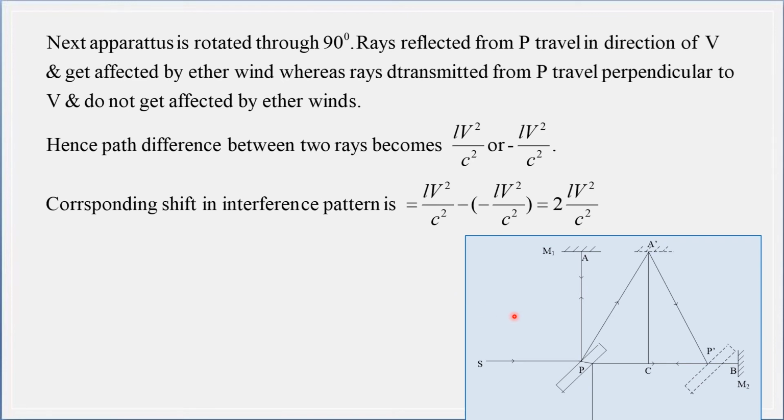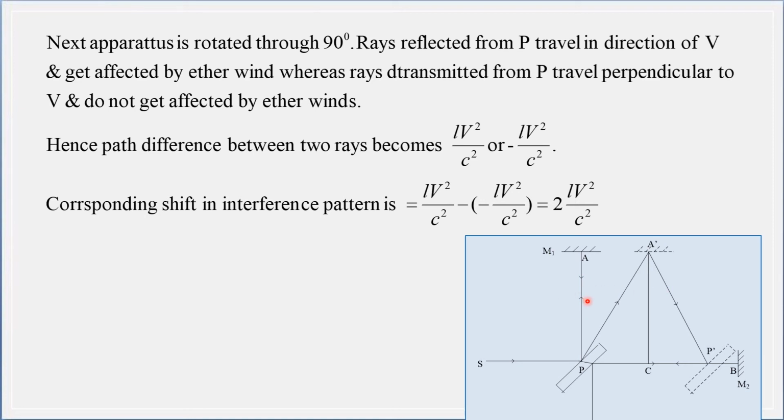Now in the earlier part we have seen that the transmitted beam is affected by the ether wind, whereas the reflected ray is not affected by the ether wind. The reason is that the direction of velocity of light and the ether wind is opposite for the transmitted beam, whereas for the reflected beam, the direction of velocity of light is perpendicular to the direction of the ether wind, so it does not get affected.